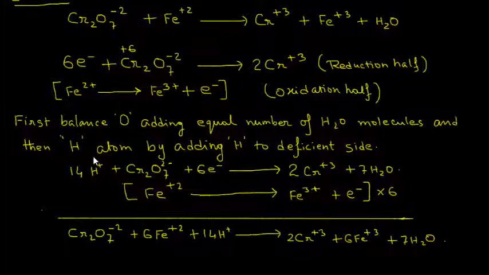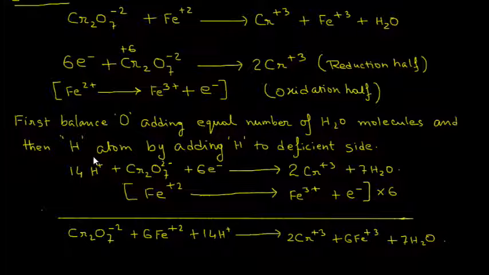Balancing O, adding an equal number of water molecules, and balancing H by adding H plus on the deficient side. So first we balance O by adding 7 molecules of water, and the rest H is balanced by adding 14 H plus on the left hand side.